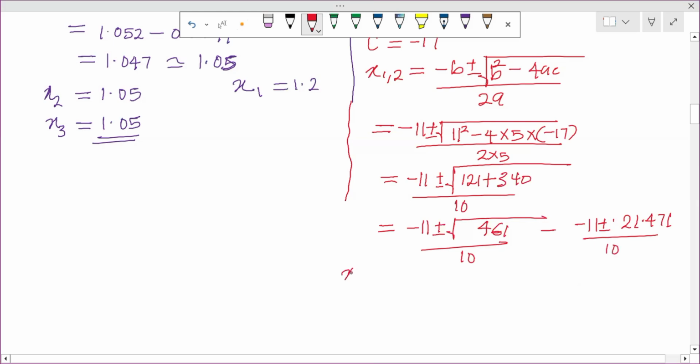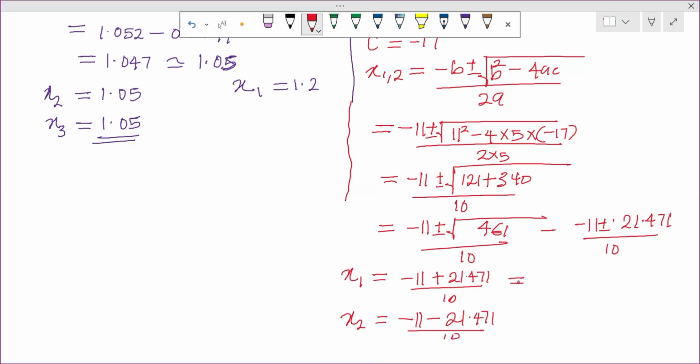So this implies that one of the roots could be equal to minus 11 plus 21.471 all over 10, and the second root could be equal to minus 11 minus 21.471 all over 10. So let's see what we have here. Minus 11 plus 21.471, divided by 10, gives us 1.0471.